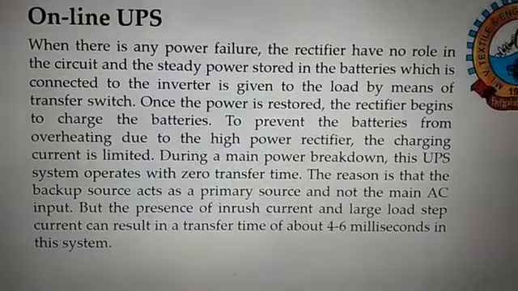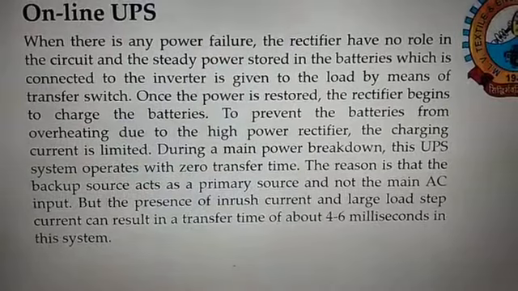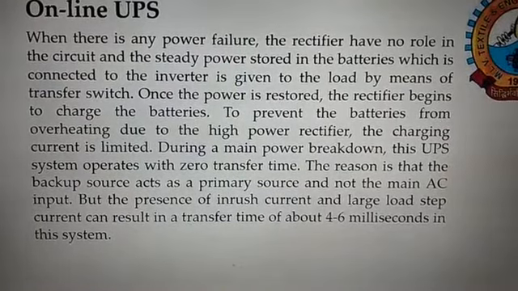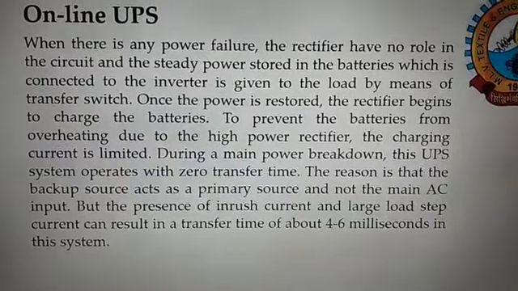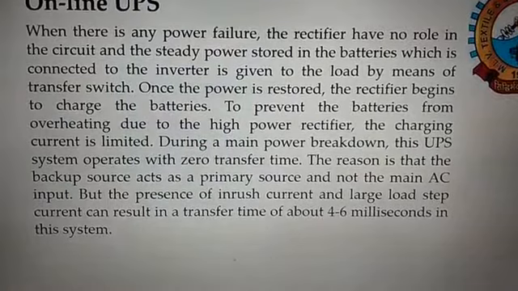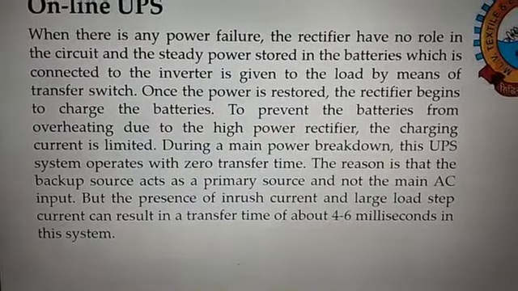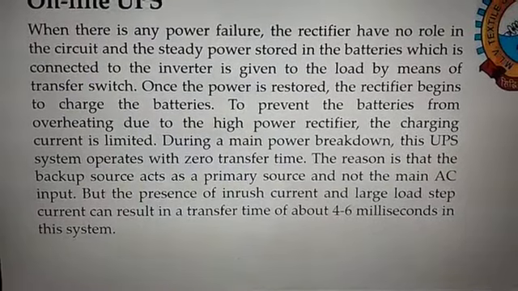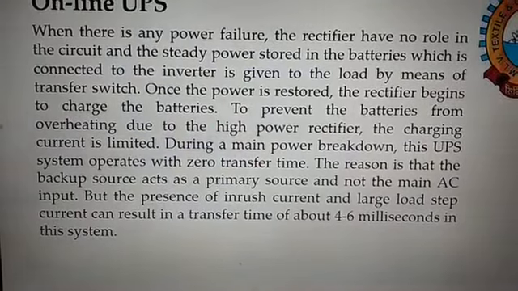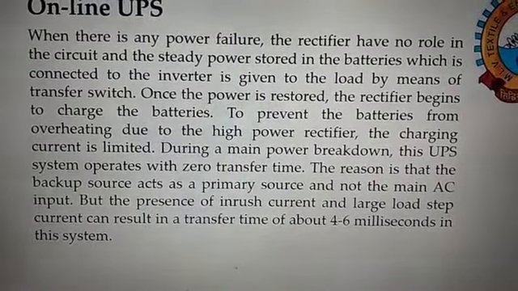When there is any power failure, the second condition, the rectifier has no role in the circuit and the standby power stored in the battery, which is connected to the inverter, is given to the load by means of the transfer switch. Once the power is restored, the rectifier begins to charge the battery. To prevent the batteries from overheating due to the high power rectifier, the charging current is limited.